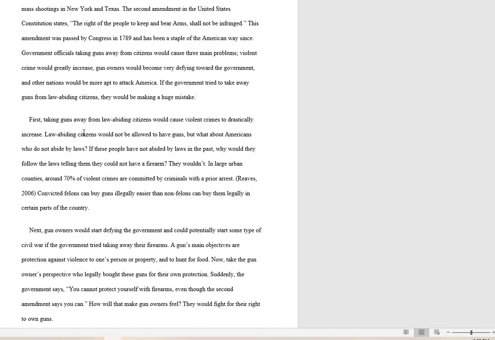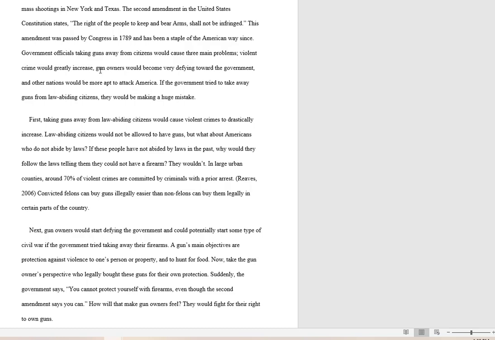First, taking away guns from law-abiding citizens would cause violent crimes to drastically increase. And so here, his topic sentence matches his thesis statement, in which he says violent crimes would greatly increase. Your body paragraphs need to match your thesis statement.